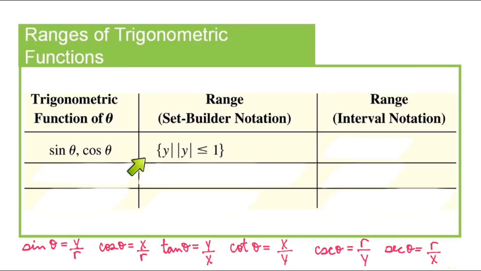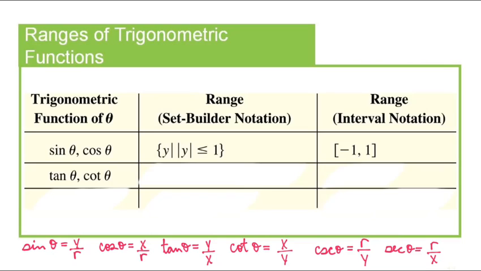So if you have, say, y equals sine of theta or y equals cosine of theta, then our function value can be anything as long as the absolute value of that function value is less than or equal to 1. In interval notation, we would say that sine and cosine values both have to be between -1 and +1. And they can include -1 and +1. So you remember interval notation from algebra, I hope.